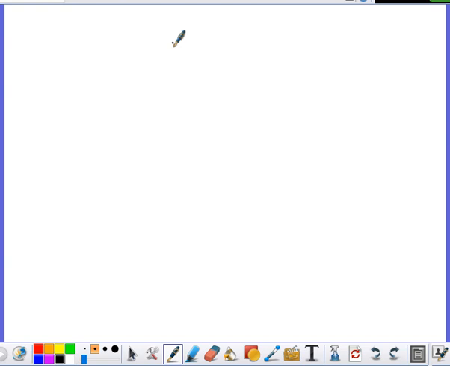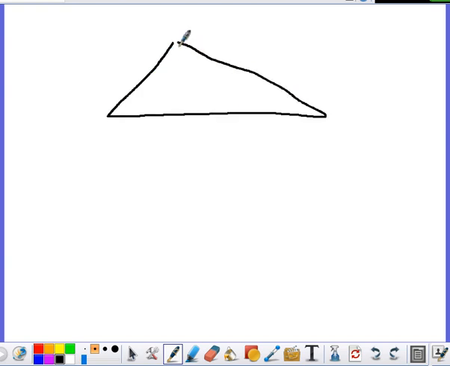Let's just pretend we have some random triangle like this. We'll call it triangle ABC, as we always do. We'll say this angle is 30 degrees. This looks a little bit bigger than that, so perhaps we can say this is 40 degrees.